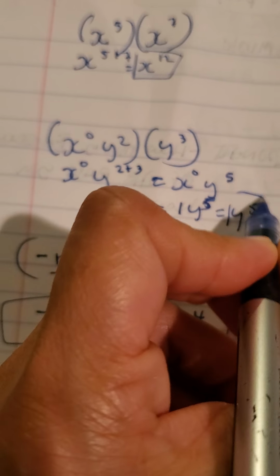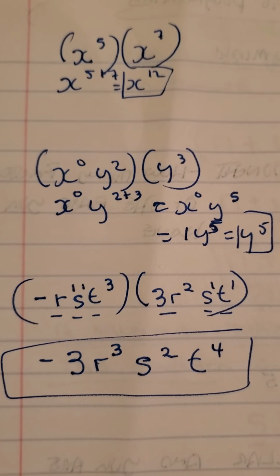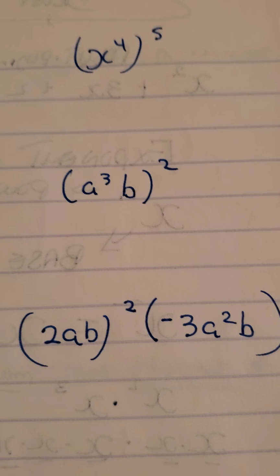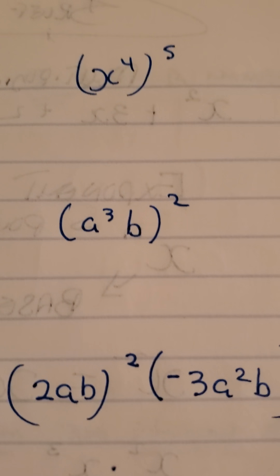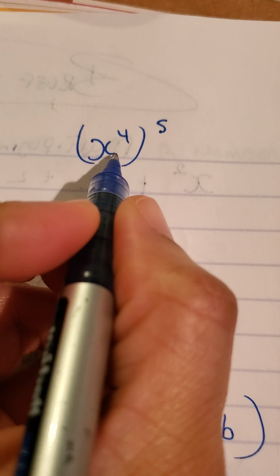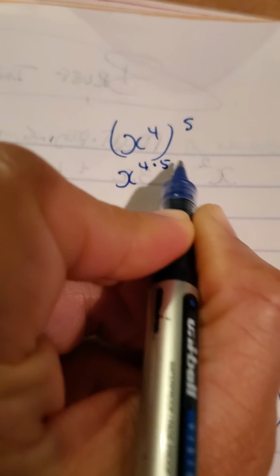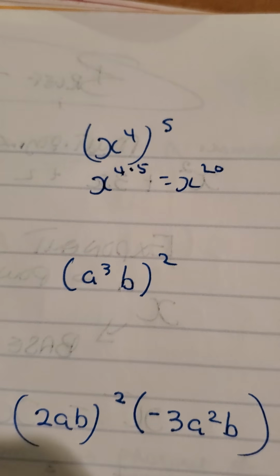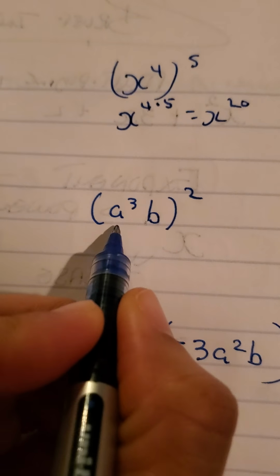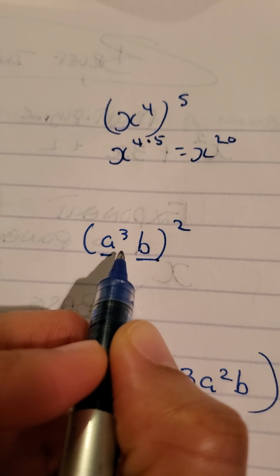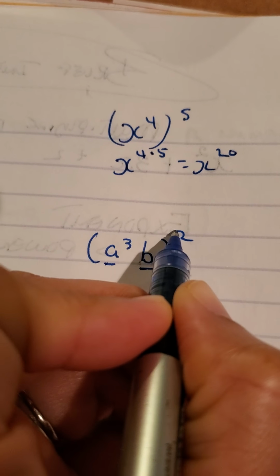And that's our examples. Over here now, we have powers raised to other powers. So we know we'll be multiplying the exponents. So this is x to the 4th power raised to the 5th power. So there's x to the 4 times 5, which is x to the 20th. Right? Here we have 2 factors that are both raised. They are both in the base of this squared term.